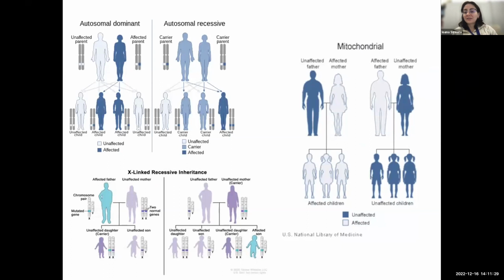And if they are inherited, then it can be inherited in a dominant way or in a recessive way, if we talk about the chromosomes that we call autosomes. But if we refer to the books that are responsible for determining the gender of the person, the X and Y chromosomes, then we talk about an X-linked inheritance that can be recessive or dominant, or we can talk about a Y-linked inheritance.